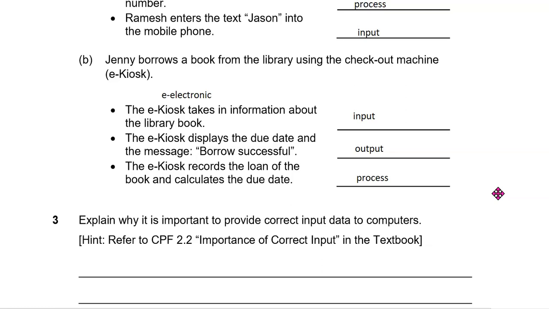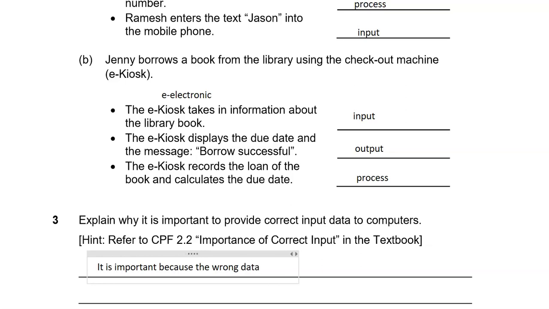Question number 3, why is it important to provide correct input data to computers? Okay, why is it important? We have spoken about it before in class. Okay, it is important because the wrong data will produce wrong information to the user.